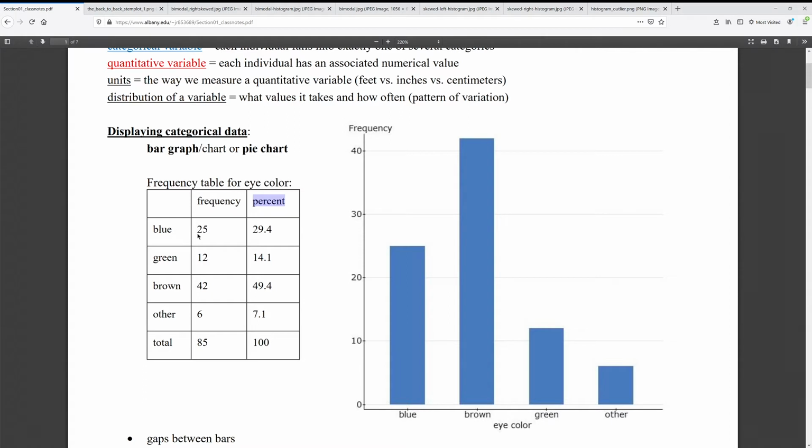So 25 divided by 85, let me just grab my calculator very quickly. 25 divided by 85 is 0.294117 something.